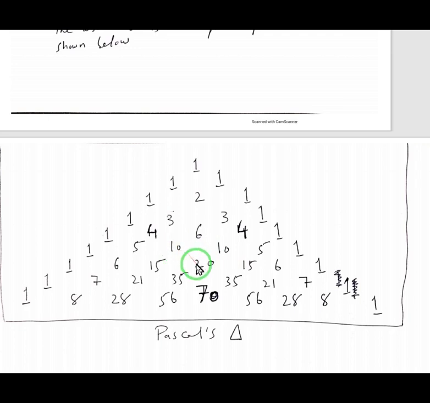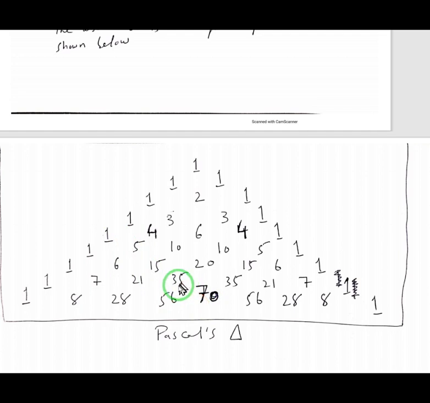And this one, 20 plus 10 is 30, plus 4 is 34, plus 1 is 35. Here is 35. Then 35 plus 15 is 50. 50 plus 5 is 55, and 1 is 56.